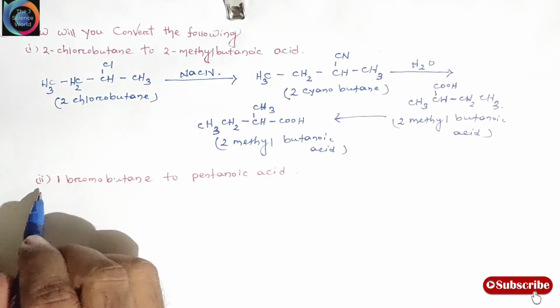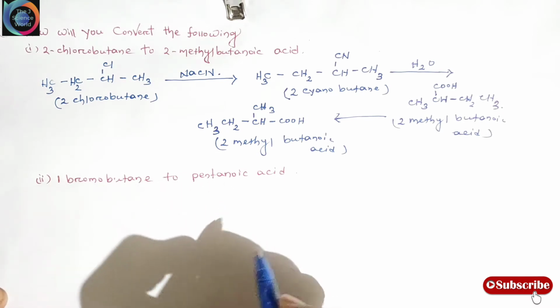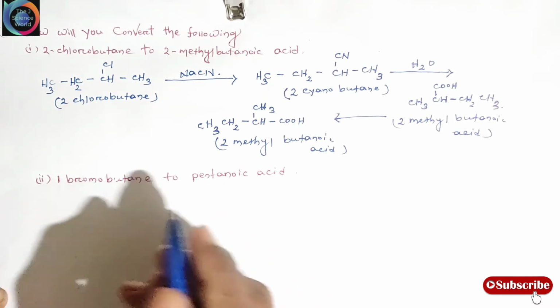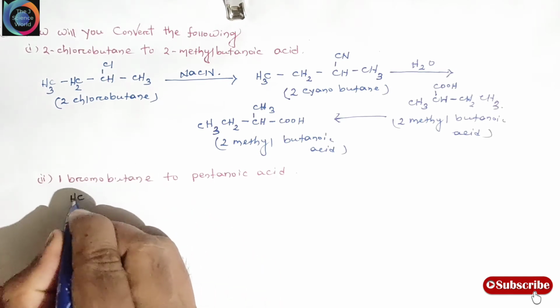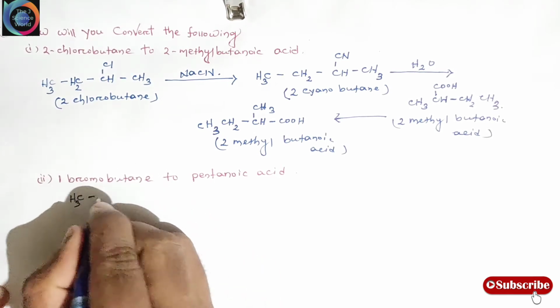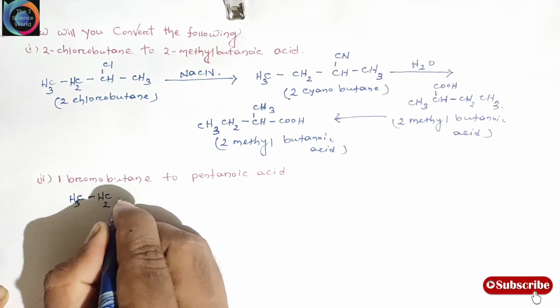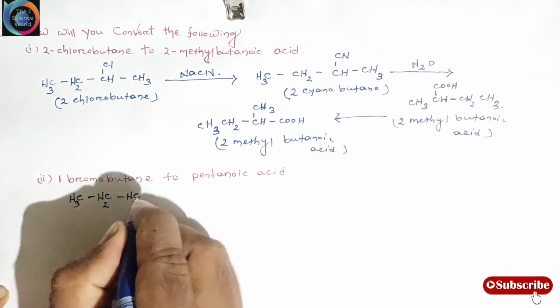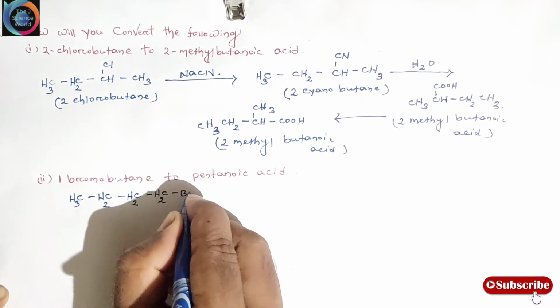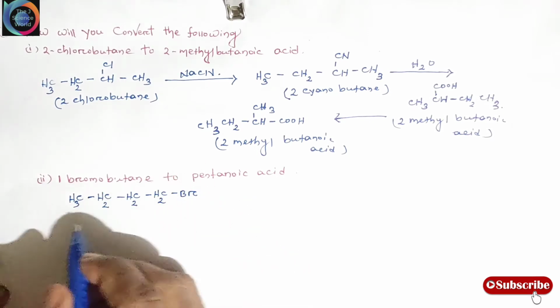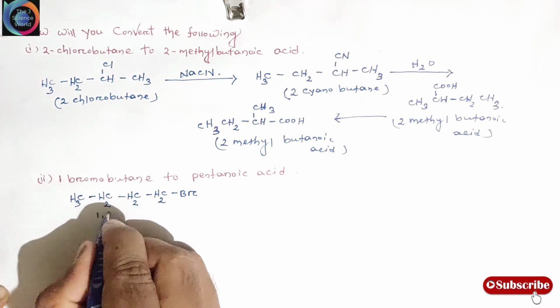Let's move on to the next question. 1-bromobutane to pentanoic acid. The structure of 1-bromobutane is shown.